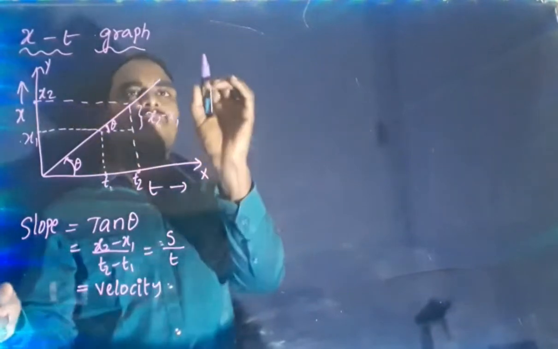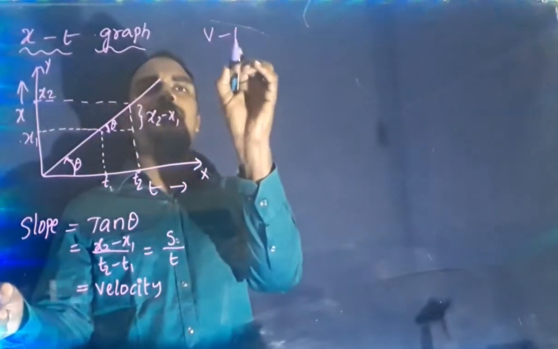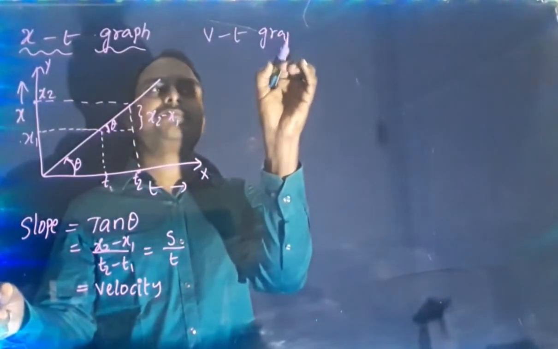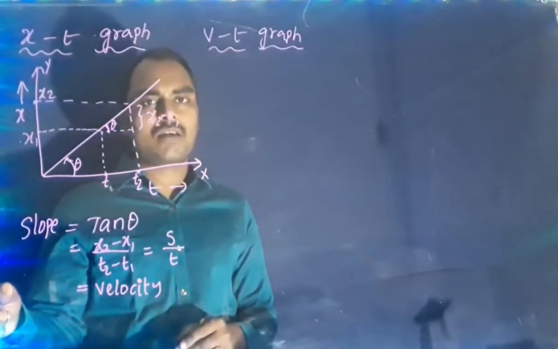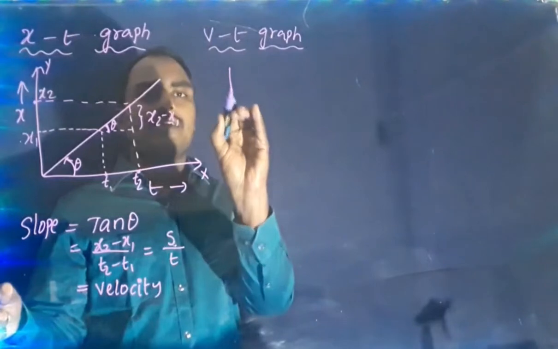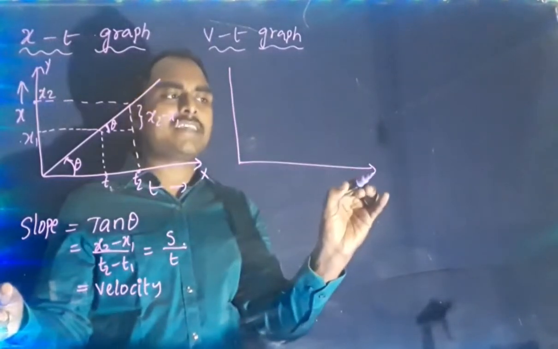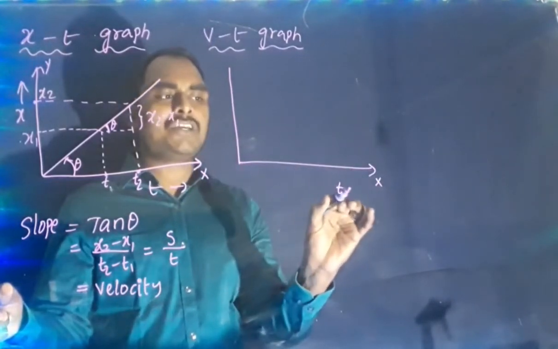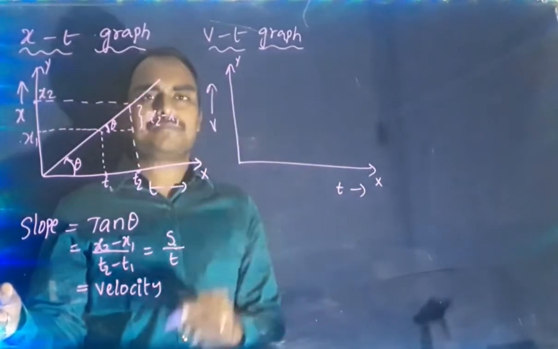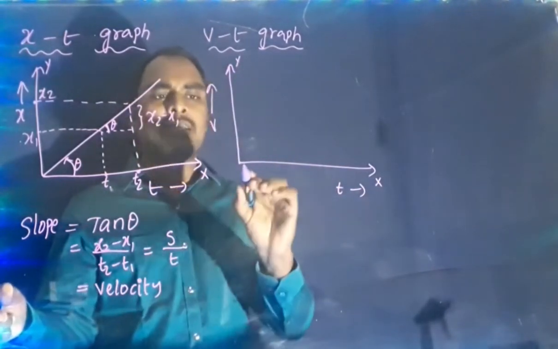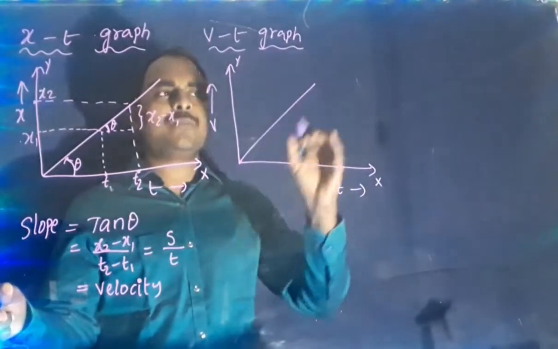Next, let us take the VT graph, velocity time graph. In the same way, on x-axis time is taken, on y-axis velocity is taken. Here also let us take the graph as a straight line passing through origin.